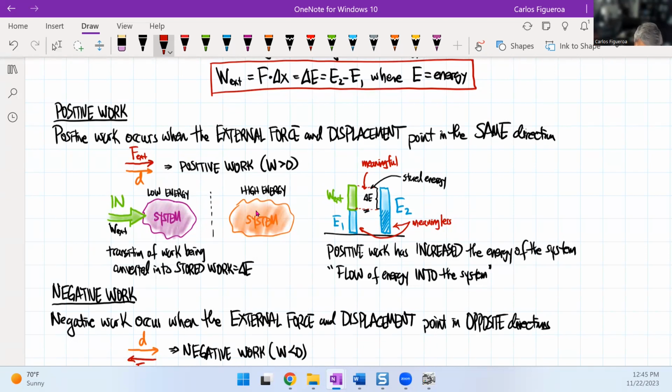It's this work that gets stored as stored work, which is what we call energy. Therefore, positive work increases the energy of the system as stored work. In everyday language, we say there's a flow of energy into the system.